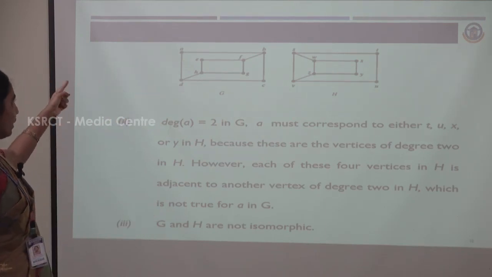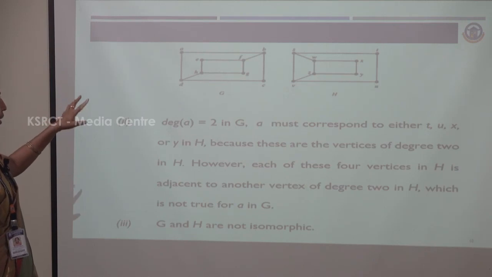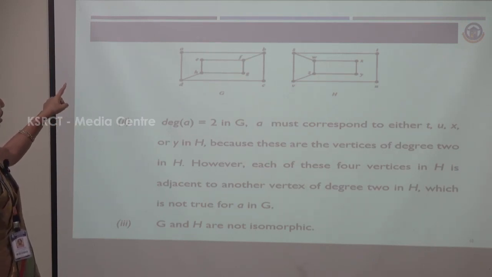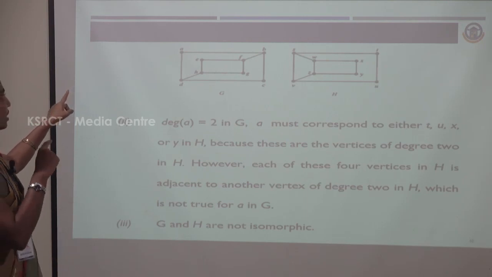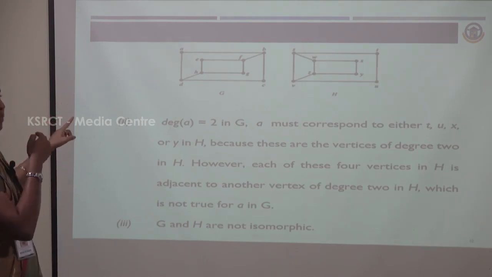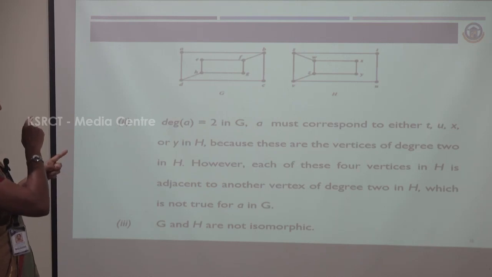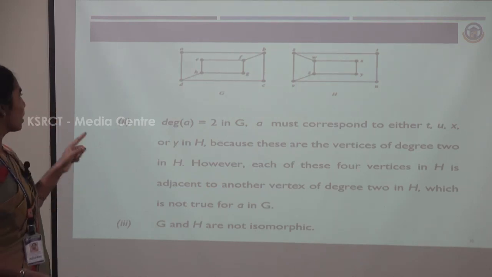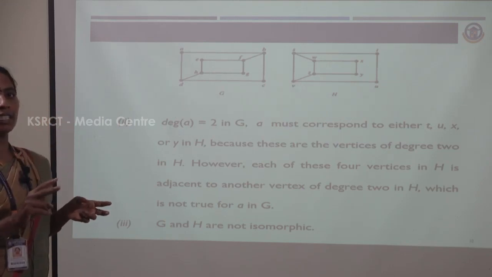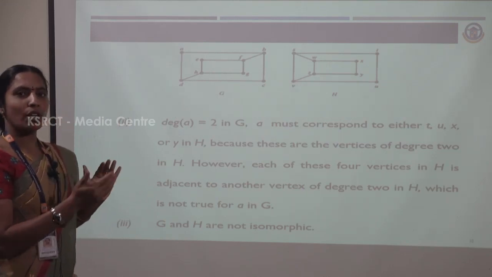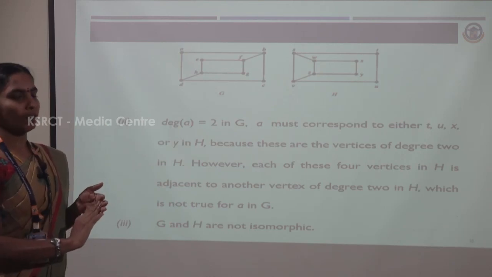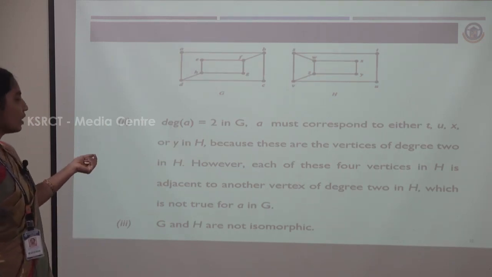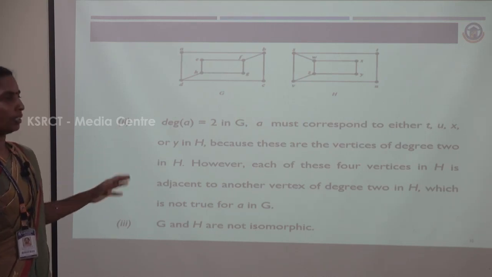Now compare with A. From the G graph, vertex A has degree 2. It is adjacent with B and adjacent with D. A is adjacent with B, which has degree 3, and D also has degree 3, but this is not satisfied in the H graph. So finally, this is not true for A in graph G.